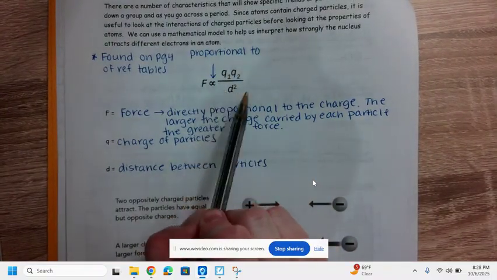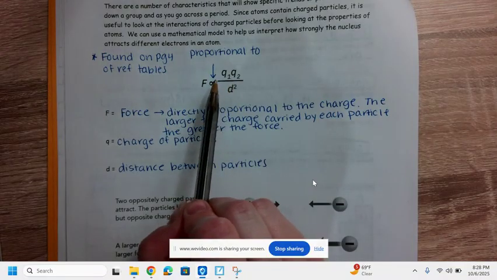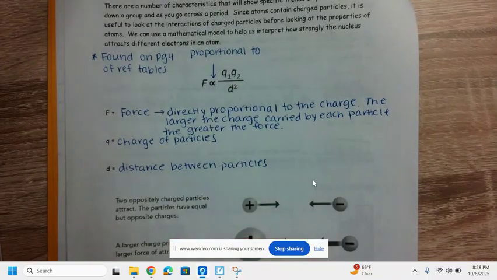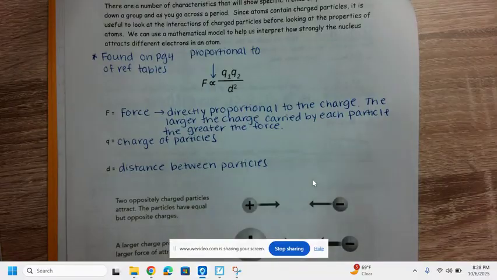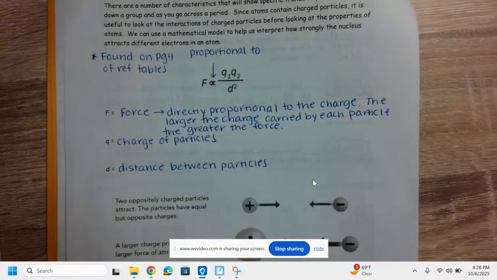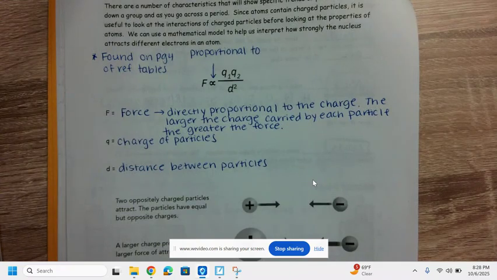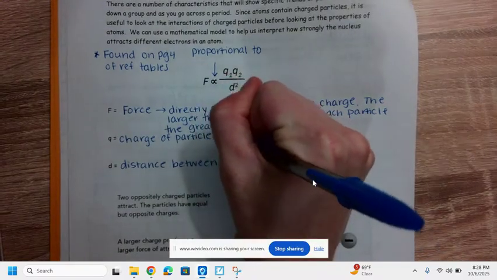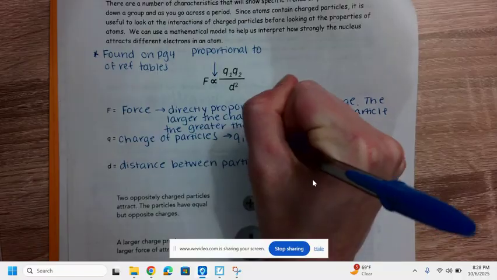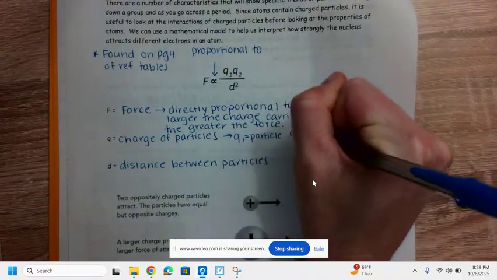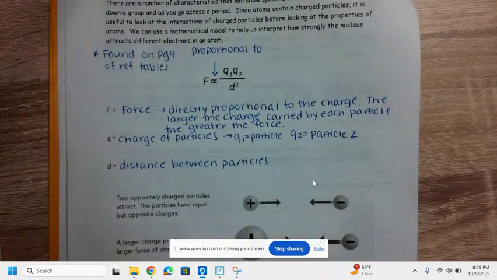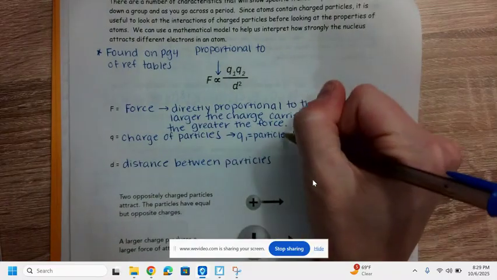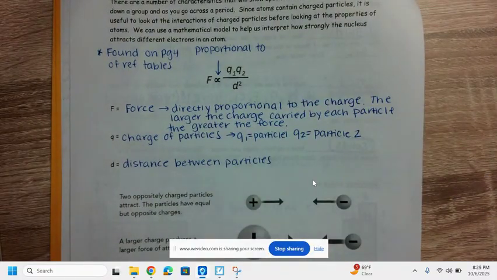The higher those numbers are, let's say you had a charge of +3 and a charge of -3, those are going to create a stronger force than a charge of +1 and -1. And that's because the larger the charge, the greater the force. As we just said, Q1 is particle 1 and Q2 is particle 2. So we're looking at the force between two particles.